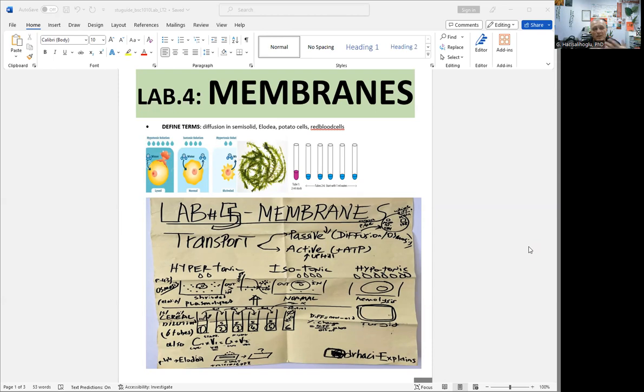We also did experiments on the cell and its environment, like if it is hypertonic. If you put a cell inside a salt concentration, that's a very hypertonic situation. Then water from inside the cell, which is higher, will move out, and the cell will shrink, until it becomes the same on both sides, which is called isotonic.